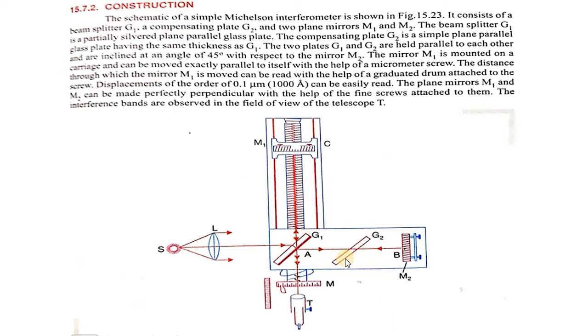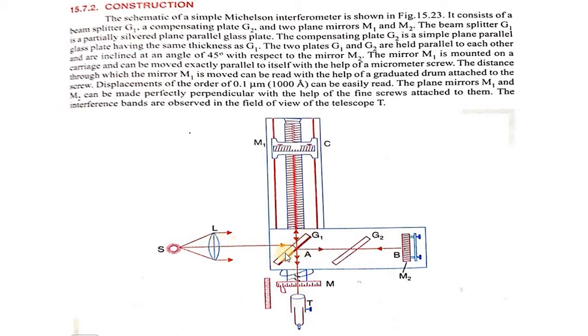So what is the need of this compensating plate? I'll explain to you. The beam splitter G1 is a partially silvered plane parallel glass plate, in the sense that one side is silvered. That is this region, the darkened region is silvered.